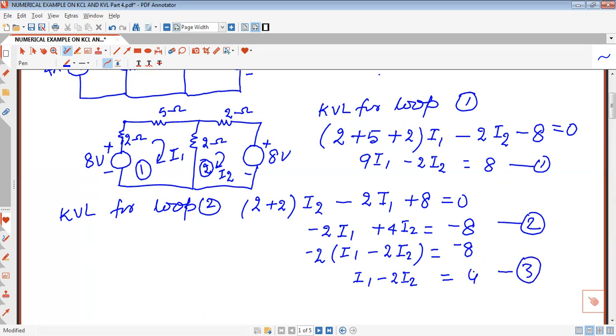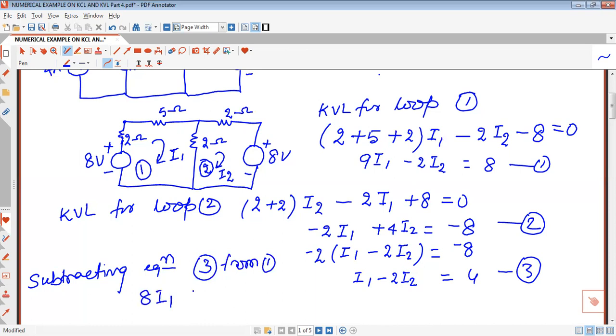Using 1 and 3, if we subtract equation 3 from equation 1, we see that 2I2 and 2I2 cancel out, and 8I1 will be equal to 4.